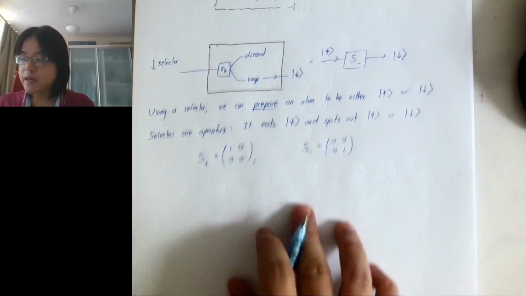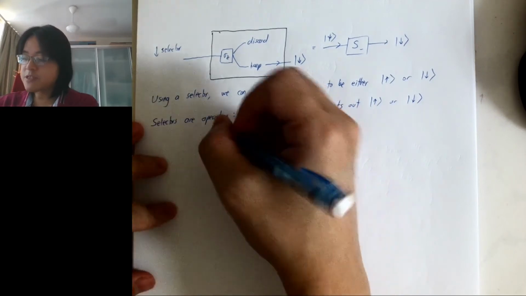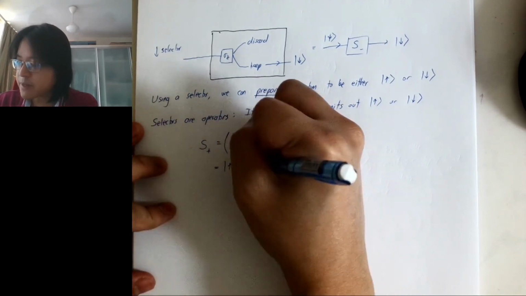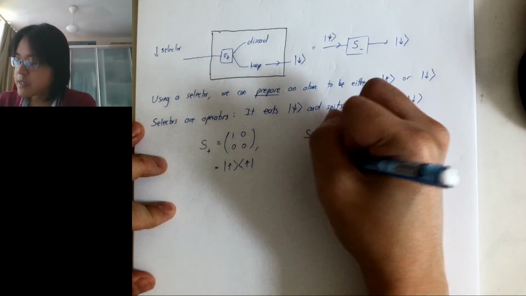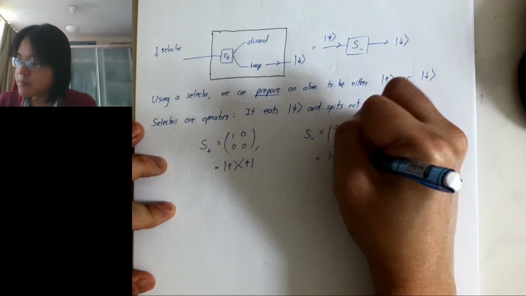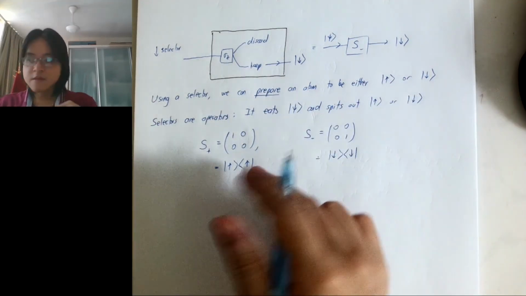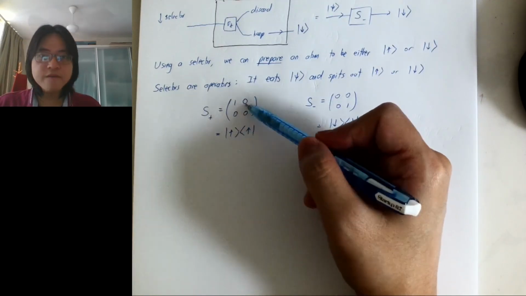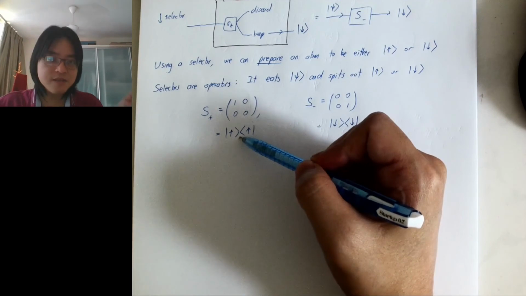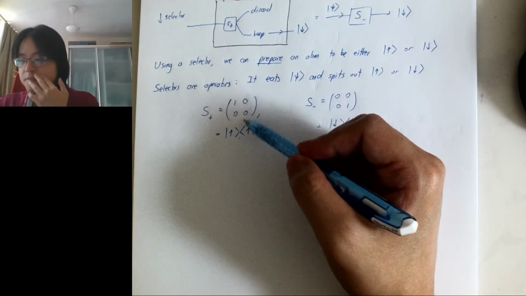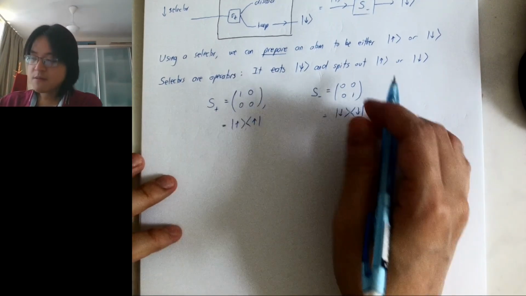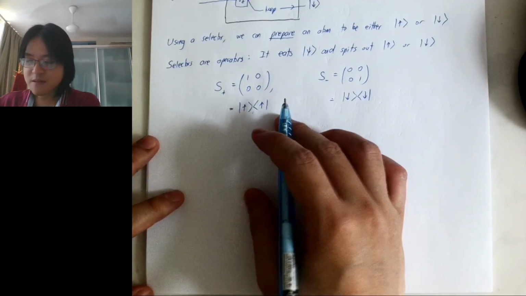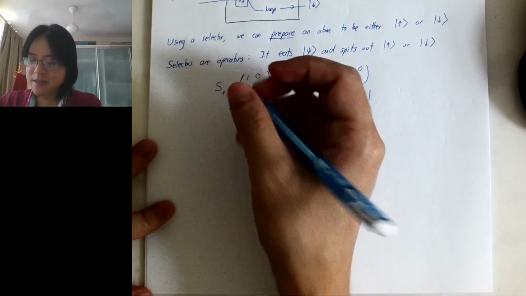Okay, and in fact, we have actually shown that this is the up ket bra, and this is the down ket bra. Okay, so you guys know why this is related to this, right? Remember? If not, you can ask me. We did this before, I think.